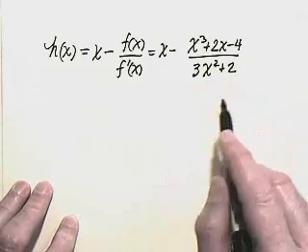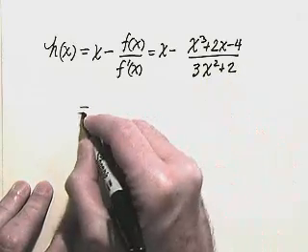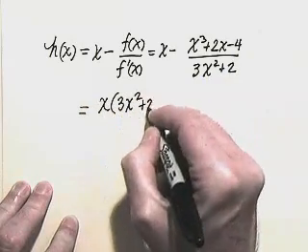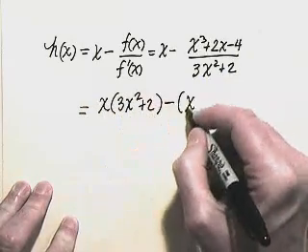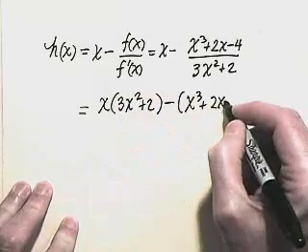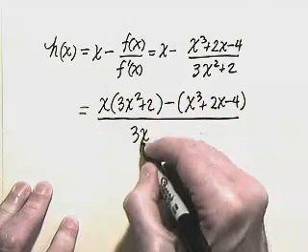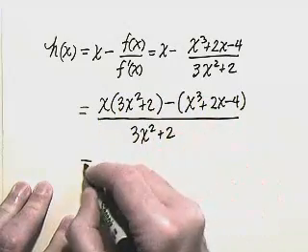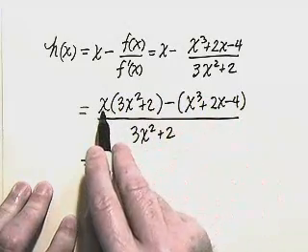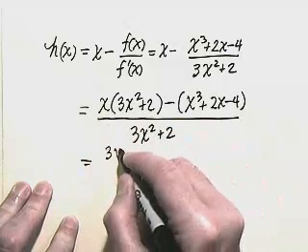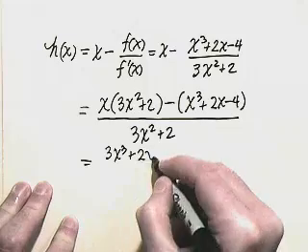And let's begin by simplifying that. So we get x times the quantity 3x squared plus 2 minus the quantity x cubed plus 2x minus 4, all divided by the quantity 3x squared plus 2. So let's simplify. We'll distribute the x through the first term. We get 3x cubed plus 2x.